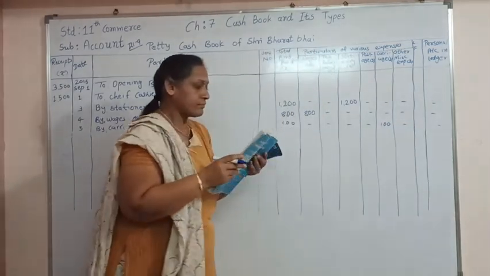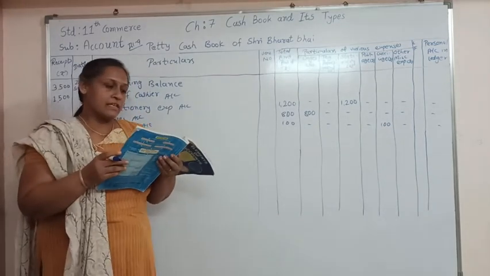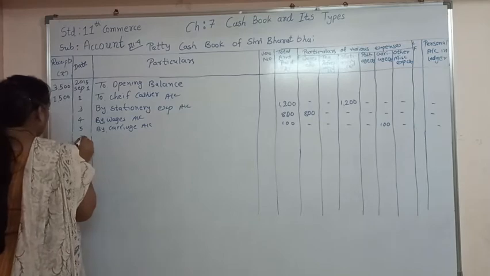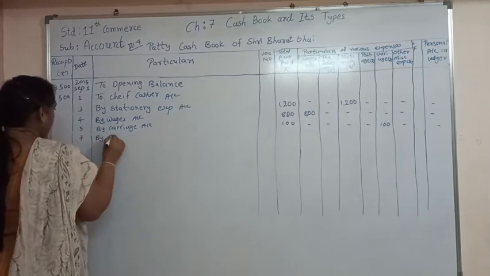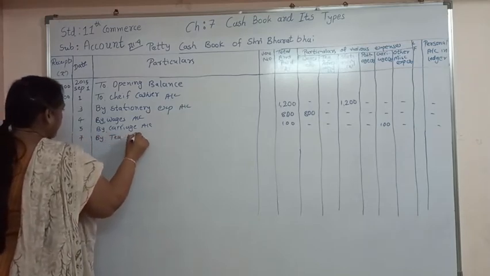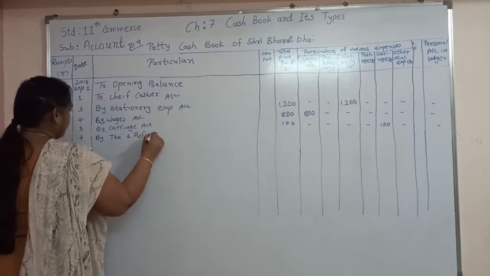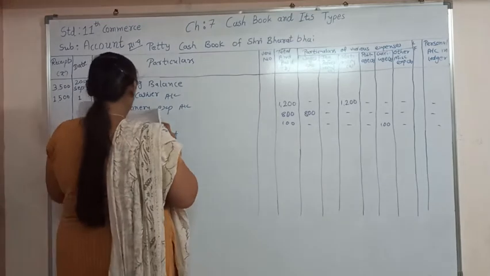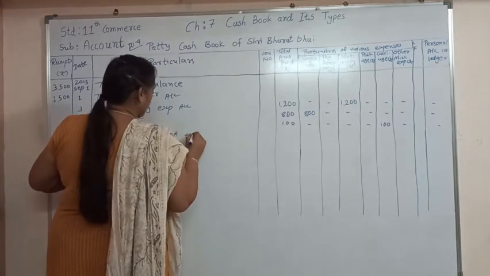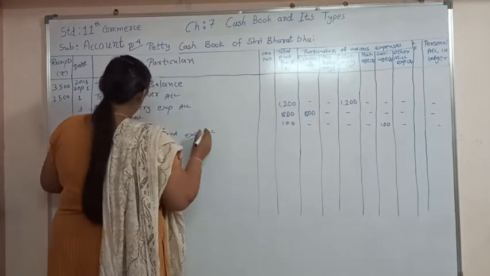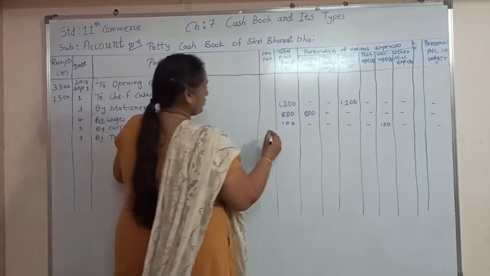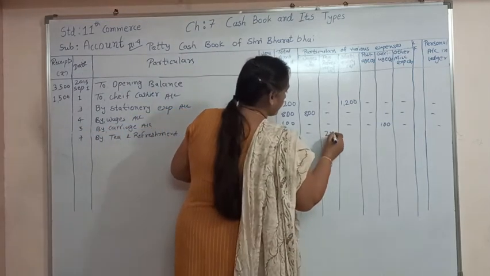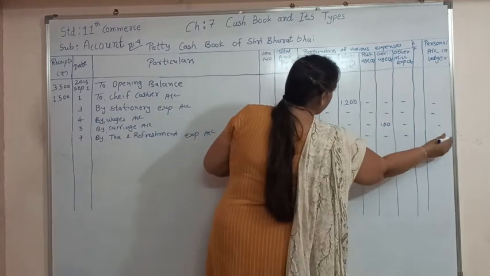Now on date number 7, rupees 200 paid for tea and refreshment. 7, by tea and refreshment expense account, and the amount is 200. So that we write here, and again in the column of tea and refreshment expense.